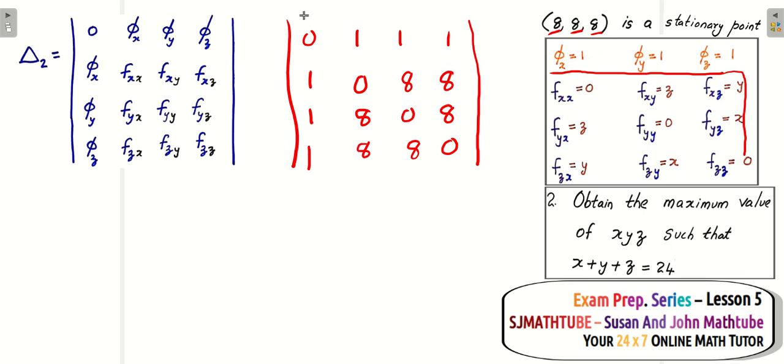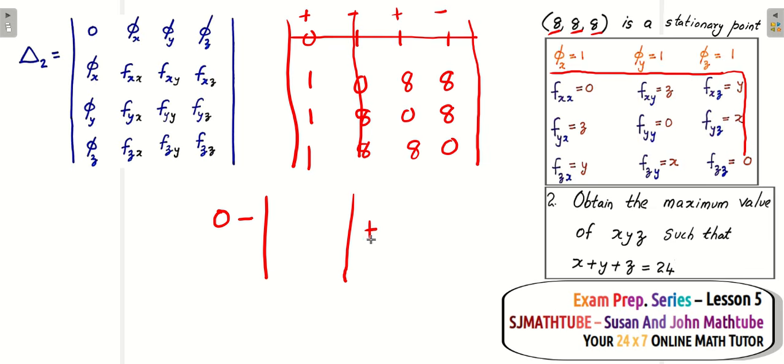If you want, you can expand, and the rule is same as for the third order determinants. So you write 0 into something that's gone, and then minus, you leave this row and this column, and you'll be able to see a third order determinant, plus 1, and then you just leave that row and column, you'll see another third order determinant, and finally minus.